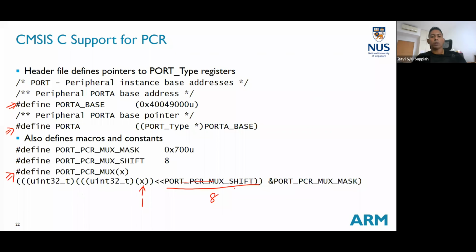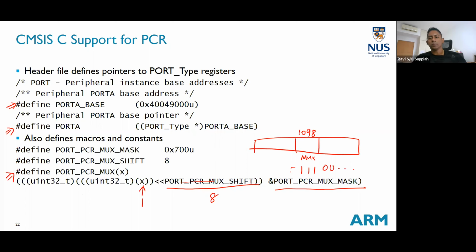Why 8? Because in my full 32 bits, I want bits 8, 9, and 10, correct? These 3 bits are the ones that reference my multiplexing. And then I do an AND with the PCR mux mask. The mask is always created such that the bits that you want will be a 1 and the rest will be a 0. So this actually translates to this.